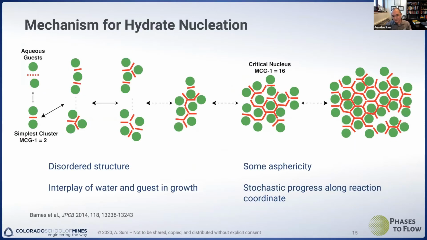And so from doing such a process, you can extract a mechanism that would give you the path, the ordering of the interactions of the molecules until it reaches a critical nucleus.